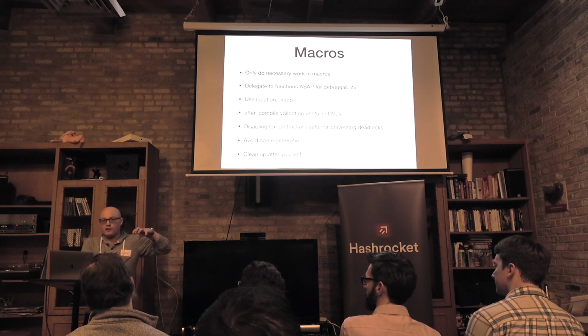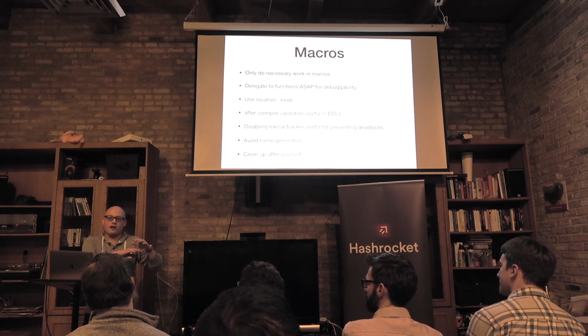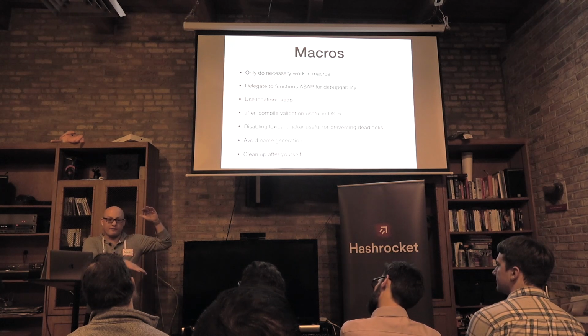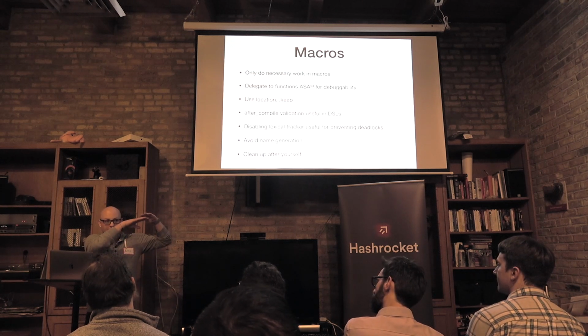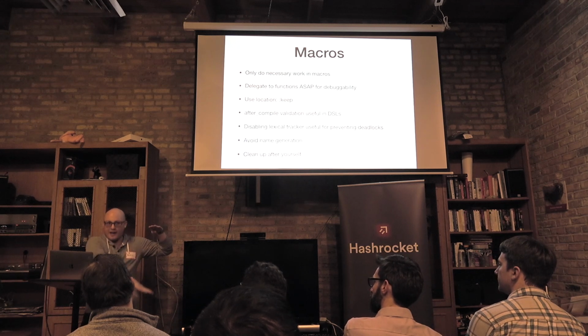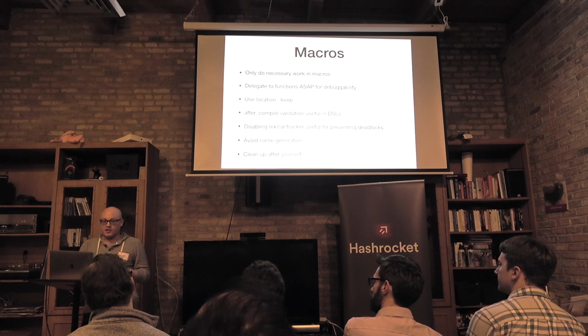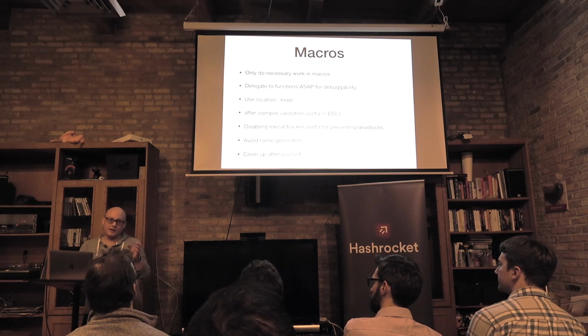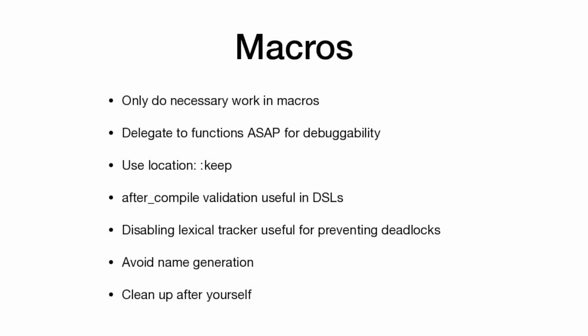And if you don't have location keep, say your macro unfolds to 100 lines of code, all of your line numbers below where you called it are going to be off by 100 lines. And so when you do location keep, it's going to keep the line numbers from the calling code, and that's usually what you want. I'm actually not sure where I wouldn't want that.